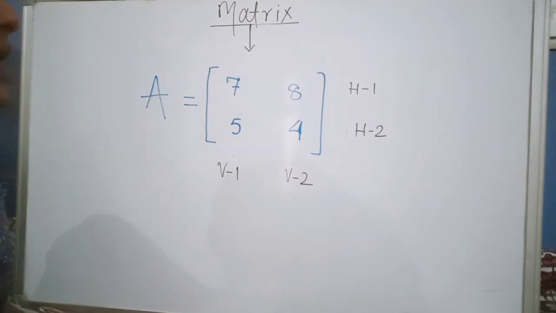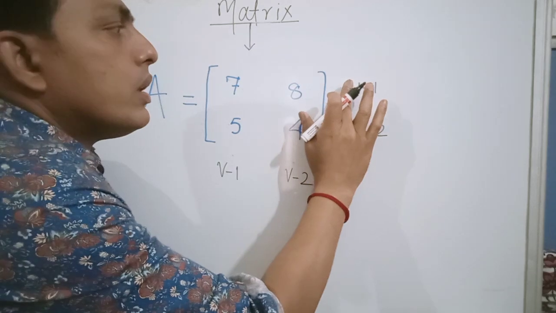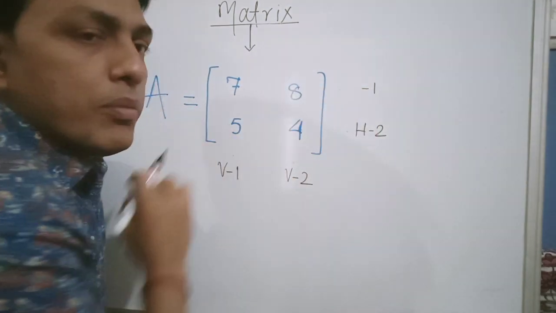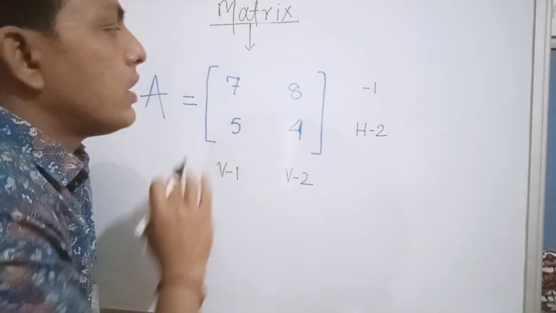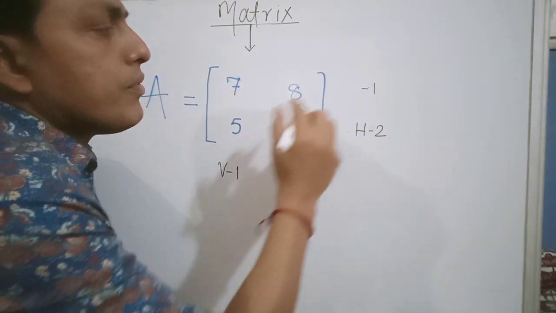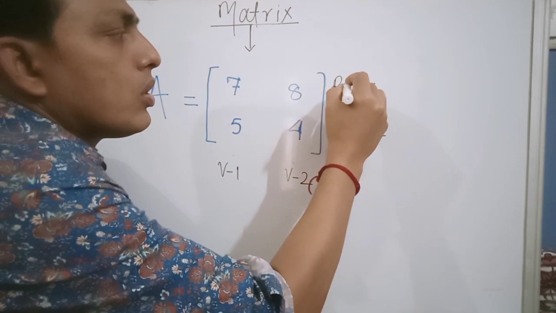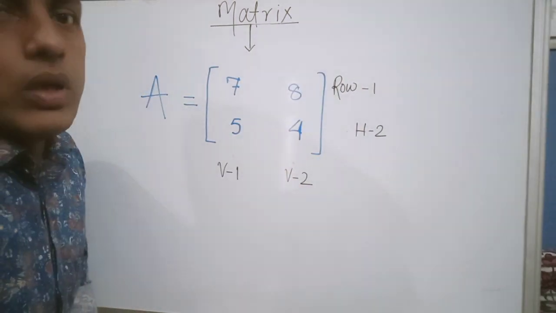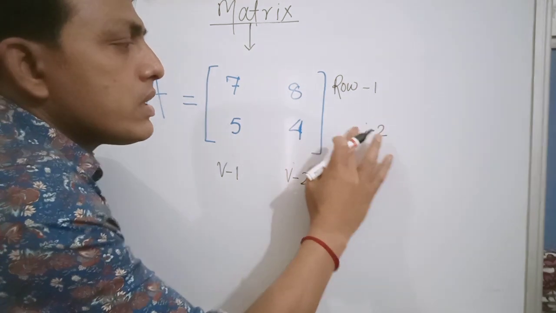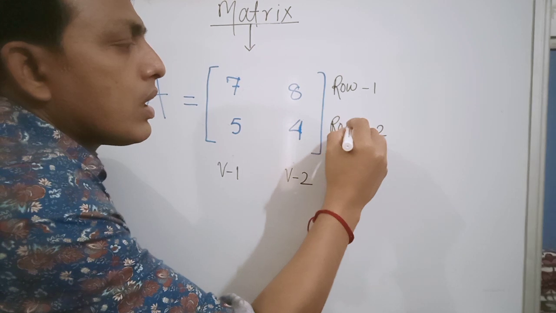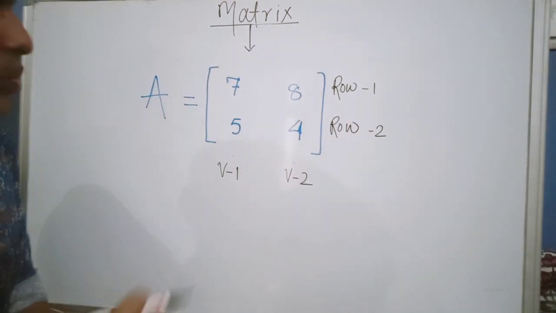Correct? Now, in simple language, it was horizontal line number 1. In matrix format, it is called row number 1. This is row number 2.